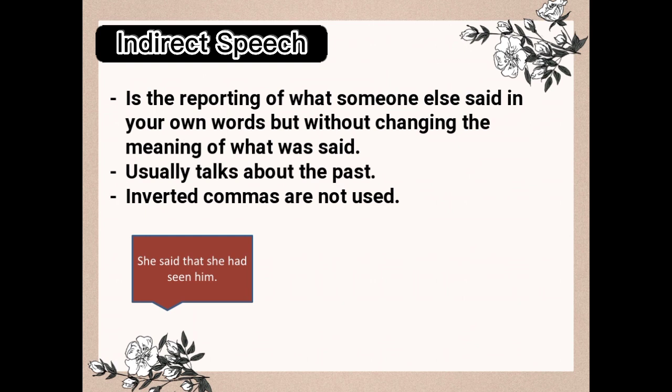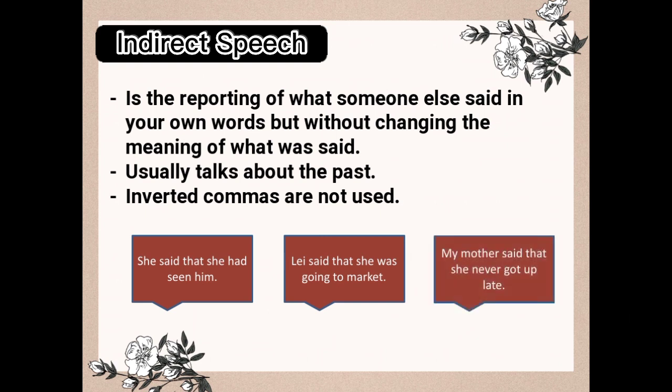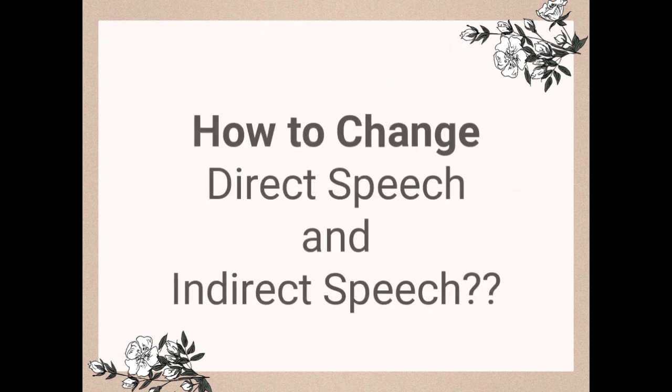For example, she said that she had seen him. Lay said that she was going to market. And lastly, my mother said that she never got up late. So as you can see, there are no commas or quotation marks.